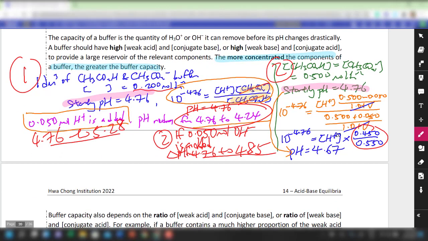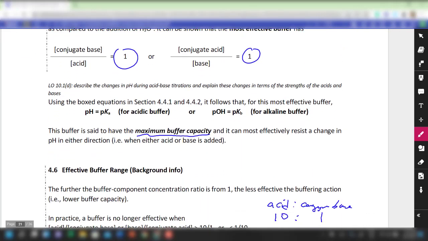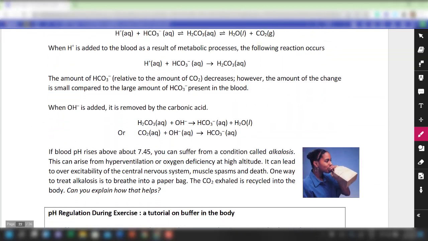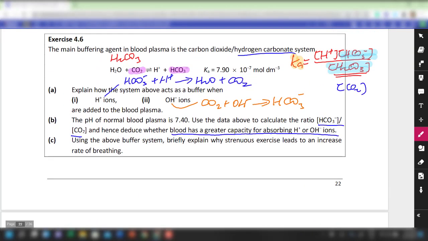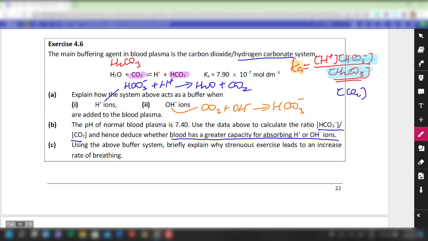If you have the same amounts of acid and conjugate base, then it can buffer well in both directions. But if you have more in one, then it will be able to buffer well in one particular direction. So that's why the question asks you to perform some calculation and then make your deduction from there.